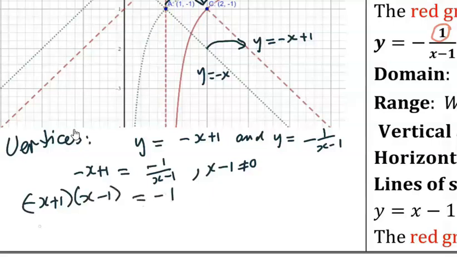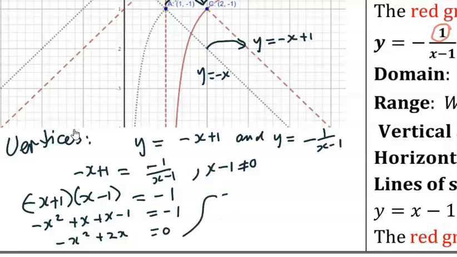So I'll get minus x squared plus x minus 1 equal to minus 1. So that gives me minus x squared plus 2x equal to 0. So I can write minus x times x minus 2 equal to 0, so x is 0 or x is equal to 2.